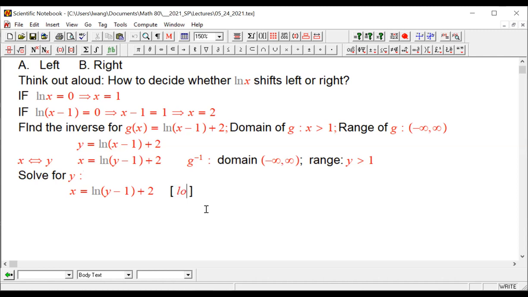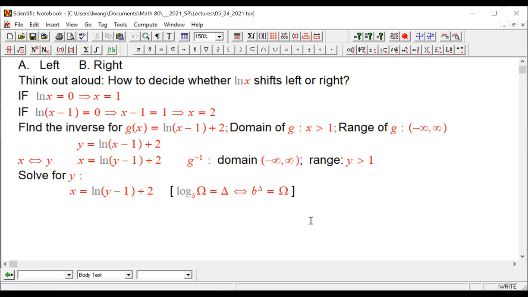From the definition, log base B of omega equals triangle if and only if B raised to the power of triangle equals omega.